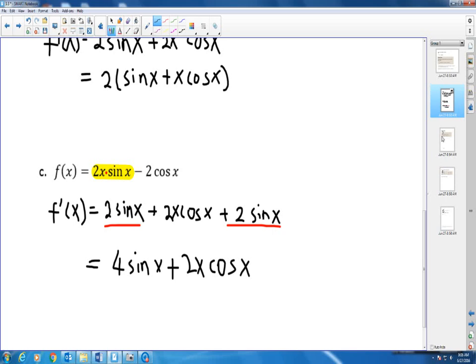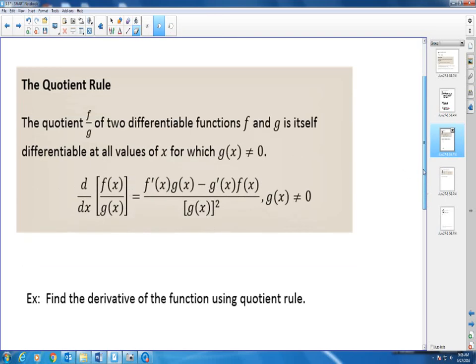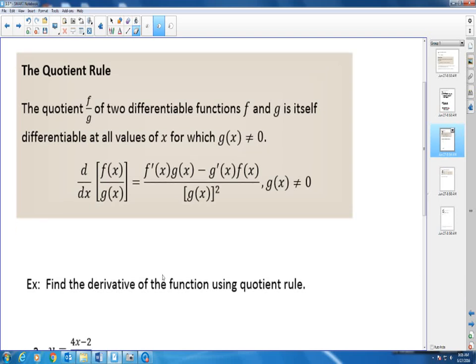Alright, another rule is called the quotient rule. The quotient rule actually takes a little bit more work while we're simplifying. So here it says the quotient of f and g, f divided by g, of two differentiable functions f and g, is itself differentiable at all values of x for which g of x in the denominator cannot equal 0.